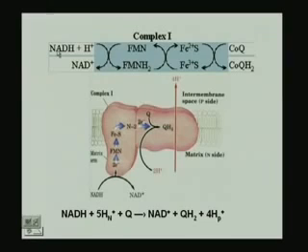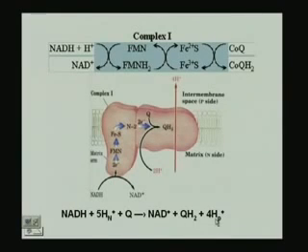So, we have basically an overall reaction. This is actually what you need to know. NADH plus 5 protons from the matrix side plus Q forming NAD plus, QH2 plus 4 protons in the intermembrane space. Okay.